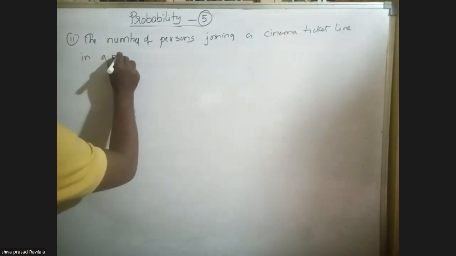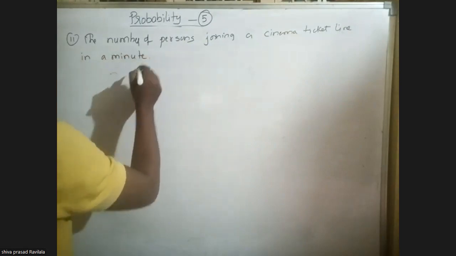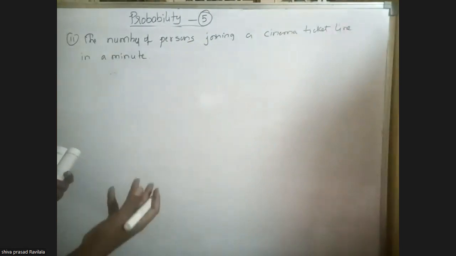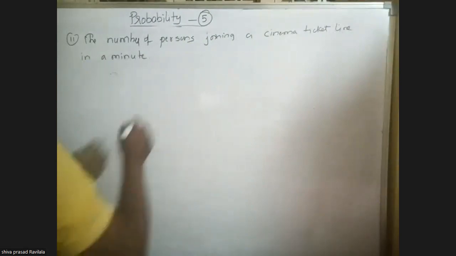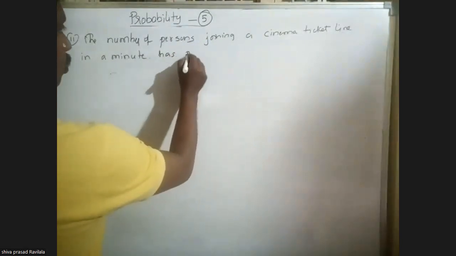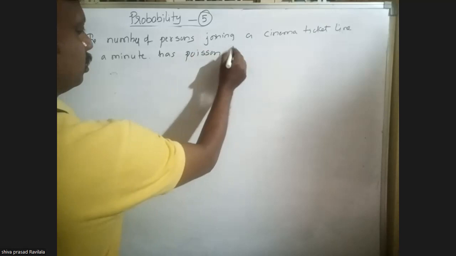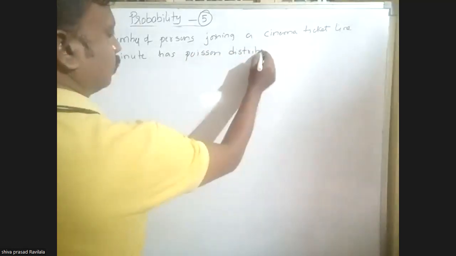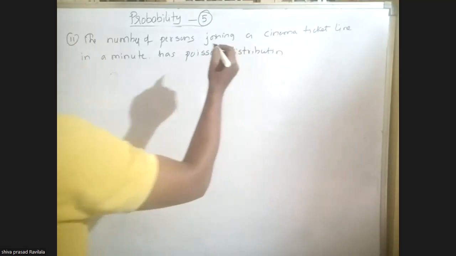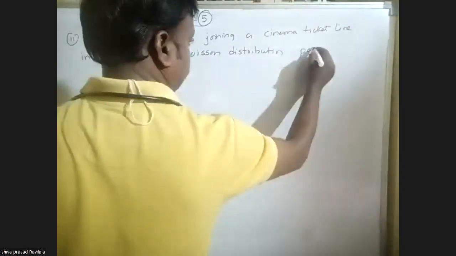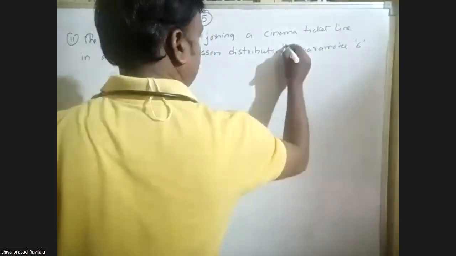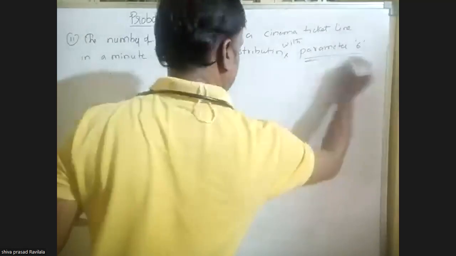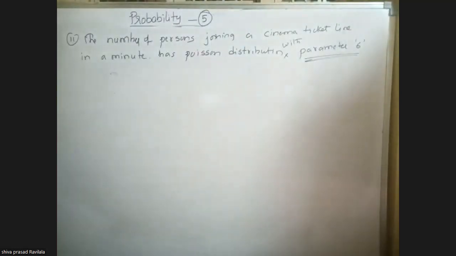How many members will join in that minute? If the film is good, so many persons; if not good, it depends on the condition. We don't know. That means that is said to be Poisson distribution. The number of persons joining a cinema ticket line in a minute follows Poisson distribution with parameter 6. Parameter means always consider it equal to either mu or lambda.